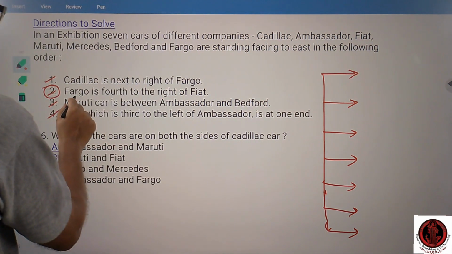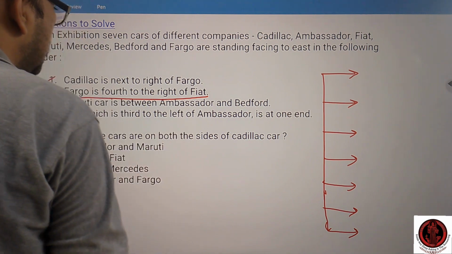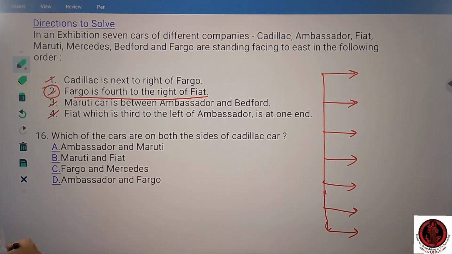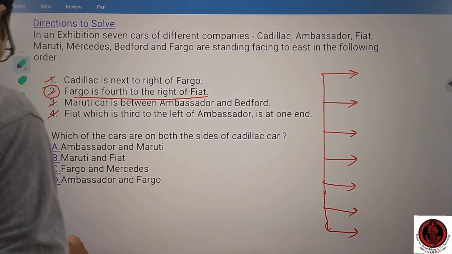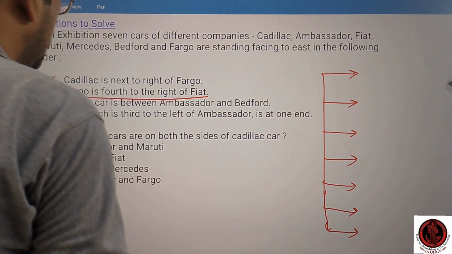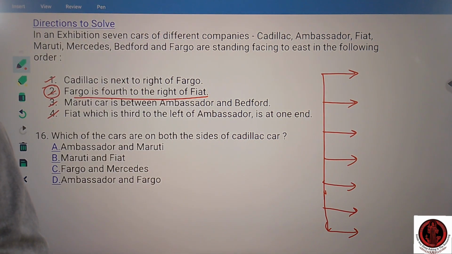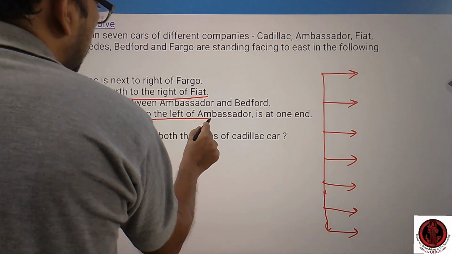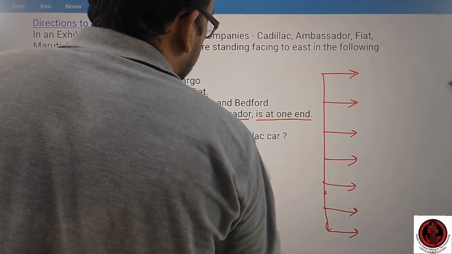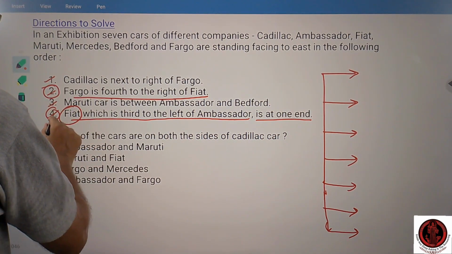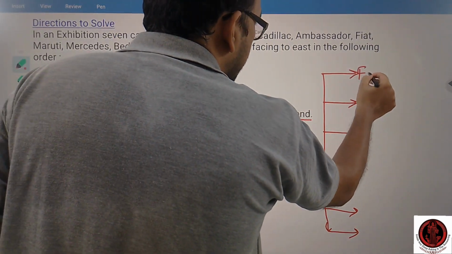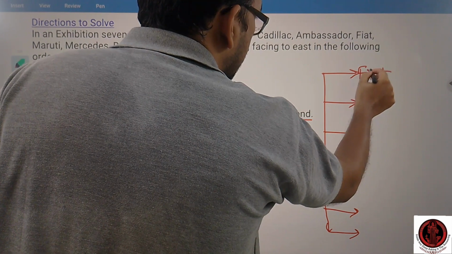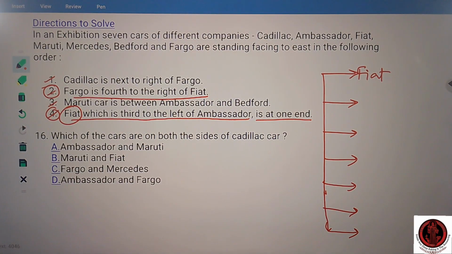You can draw, because Fargo is 4 to the right of Fiat, and Fiat, which is 3rd to the left of Ambassador, is at 1 end. That means Fiat is at 1 end. So write down Fiat here.